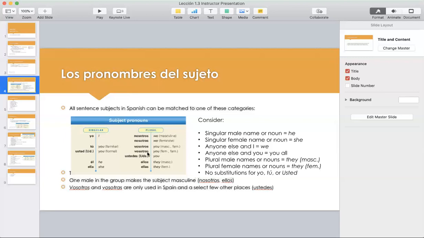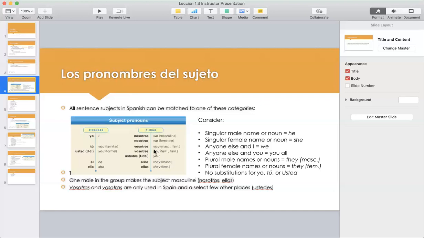Vosotros and vosotras is used in Castilian Spanish in Spain, or in Argentina, as the familiar or informal form, and ustedes means the same exact thing, used in the same exact situation whenever we're talking to two or more people directly, not including ourselves, but it becomes formal.